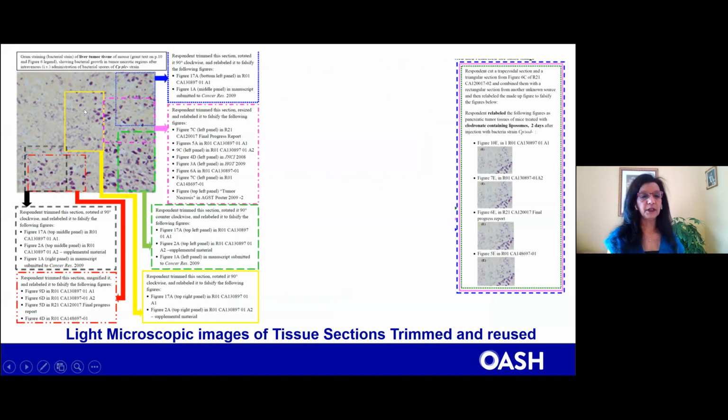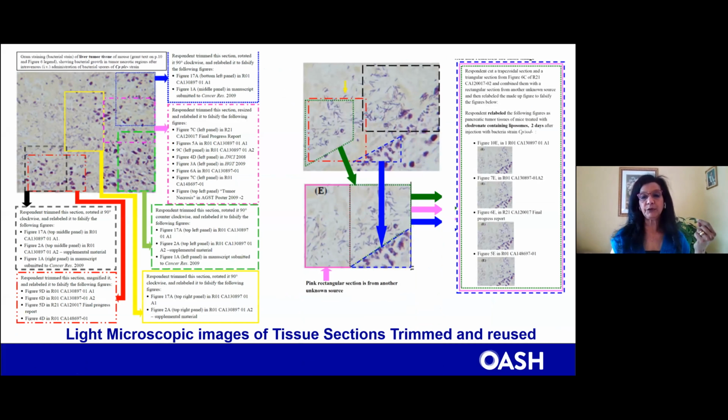So that one figure was reused in many, many different grants and papers, and you see there are overlapping little portions that were trimmed, manipulated, intensity manipulated, and flipped. Even worse, small portions in different shapes are put together for a new figure.